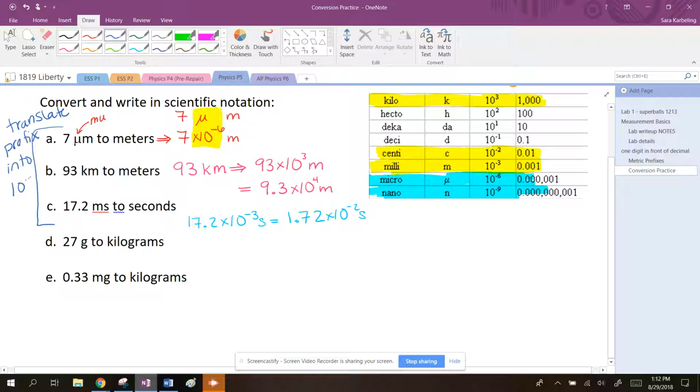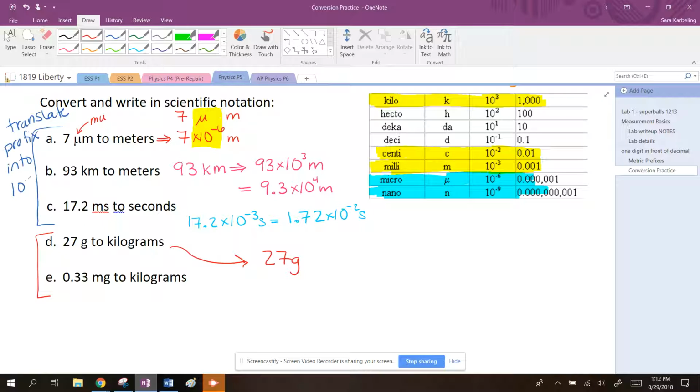Okay, we just literally translated it. In these 2 down here, though, we're trying to add a prefix. Do you see that? Like here, we're going to try to add that kilo. Let's think about it this way. If I have 27 grams of something, am I going to have more kilograms or fewer kilograms?